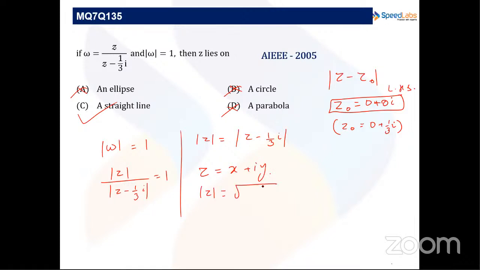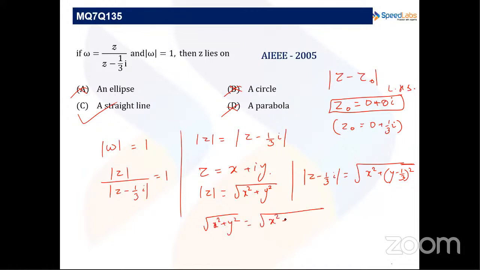Then mod z is the square root of x squared plus y squared, and mod of z minus i/3 will be the square root of x squared plus (y minus 1/3) whole squared. Equating these two, we get the square root of x squared plus y squared equals the square root of x squared plus (y minus 1/3) whole squared. Squaring both sides, the roots get cancelled out.